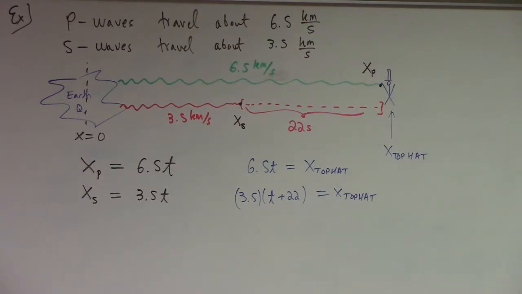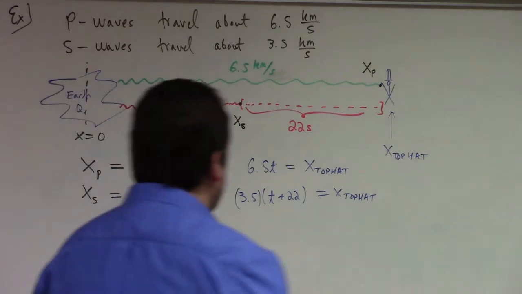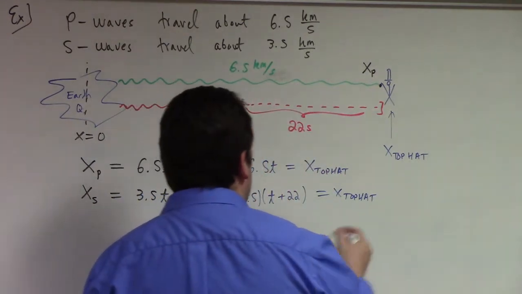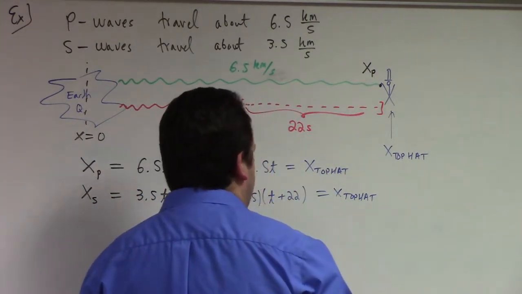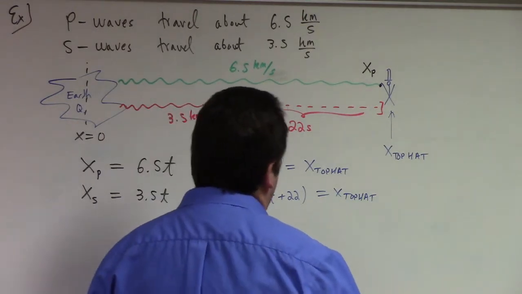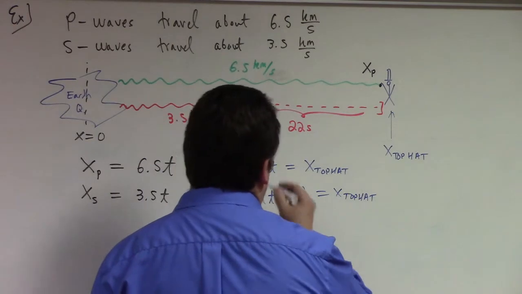Again, it's just a matter of algebra, which you either can do or will learn how to. Let's see here. I think it's easy enough to eliminate x top hat. I mean, I'm really after t, so maybe I should. What should I do? Why don't I just plug 6.5 down here?